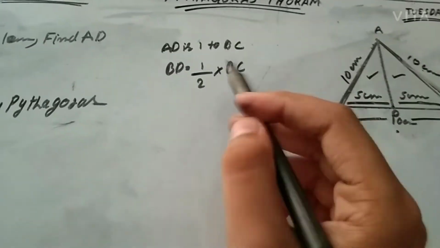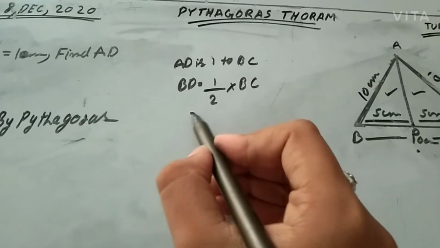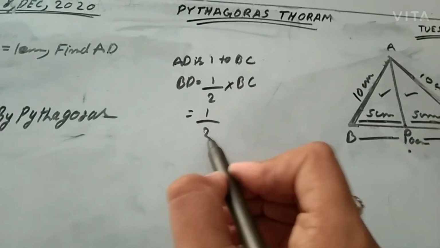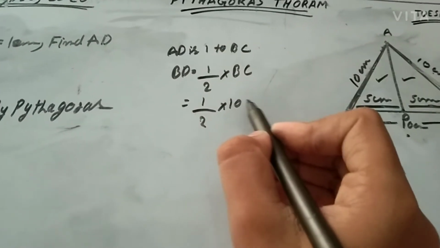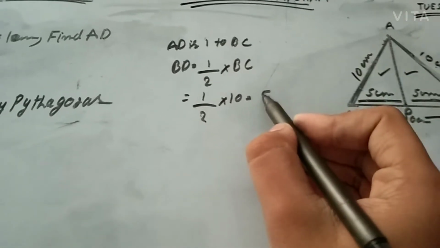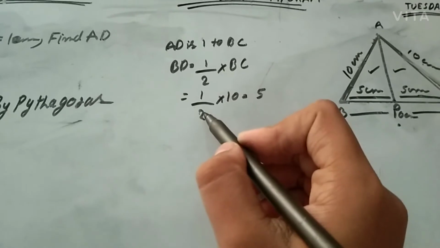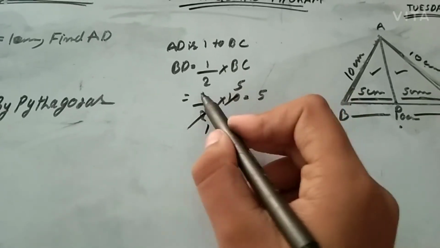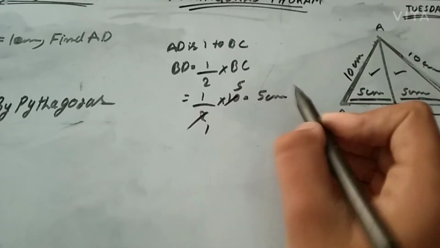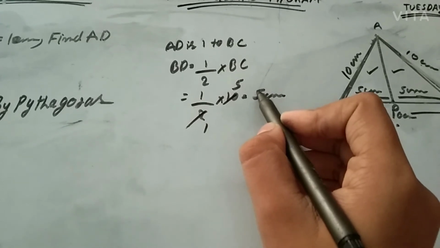So this will be BC. So it will be 1 by 2 into 10 equals to 5, right? 2 cancelling, 2 5 into 5 centimeters. So it will remain 5.